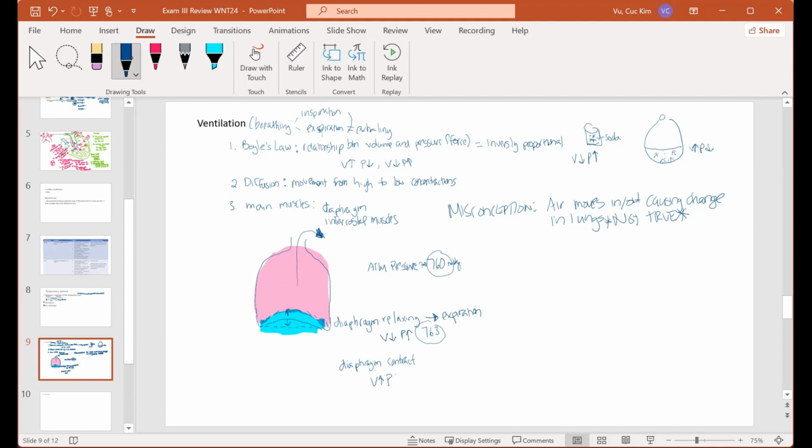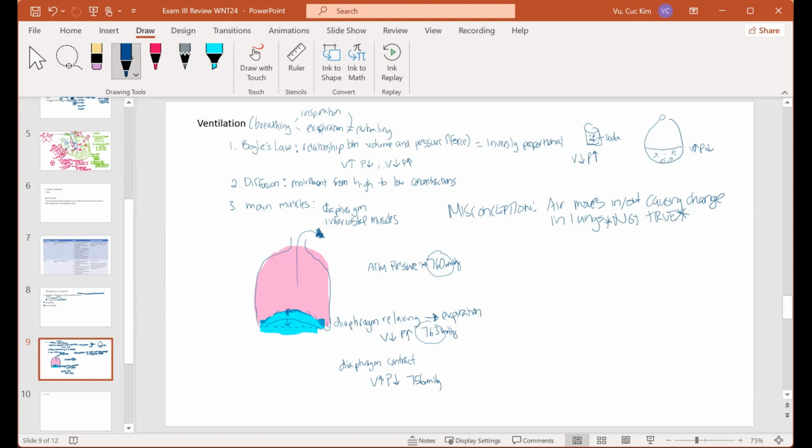Yeah, it decreases. As a matter of fact, it goes down to about 756 millimeters of mercury. Okay. So the diaphragm contracts, the pressure inside the lungs goes down to about 756 millimeters of mercury.